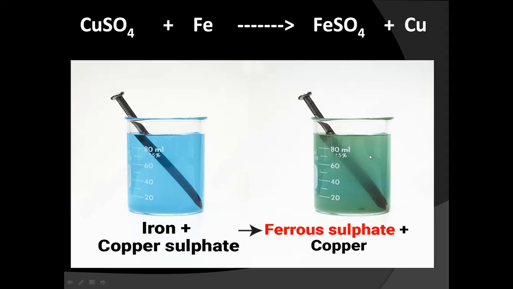Can you guess what has taken place here? Yes, this brown powdery deposition is nothing but copper. Iron has come and displaced copper from its place, so that copper is forming a layer on the iron nail. And the solution is turning slowly greenish because it is no more copper sulfate. Now it has become ferrous sulfate.